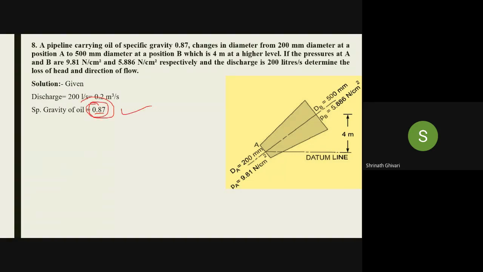We don't require specific gravity, but we require density. So how to calculate density? What will be the density of the oil using specific gravity? Anyone? Fast.